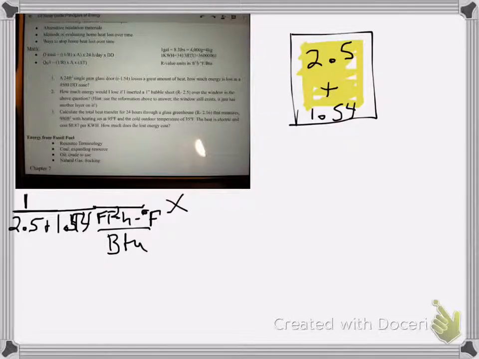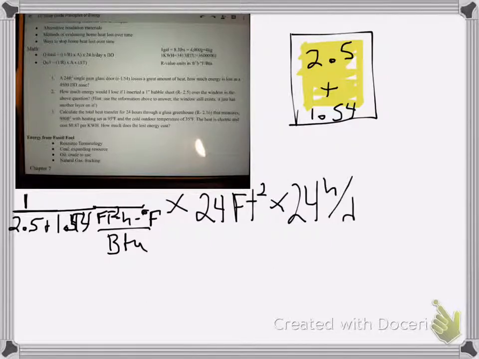This is all times the area, which is still 24 feet squared, times my 24 hours in a day, and times my 4,500 degree day zoning. Degree day zoning is going to be in days and degrees Fahrenheit over 1 year.